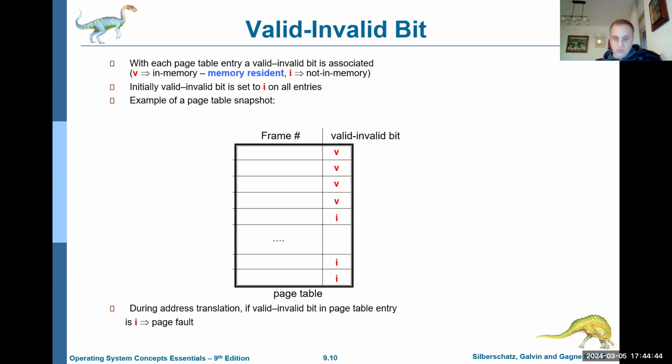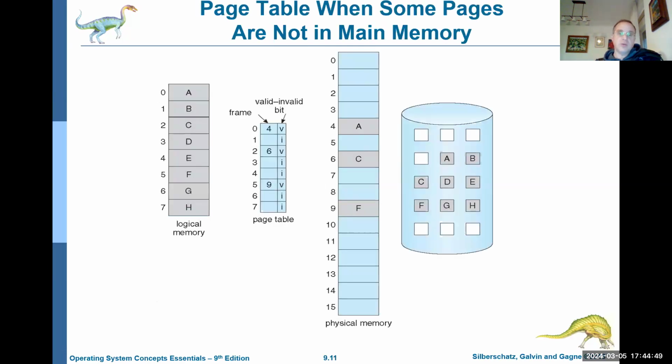Okay, so when a page is invalid, what we'll try to do is look for it on the disk and load it. So here we have back to our regular page table, and here are our pages, and notice that I have 8 pages here. By the way, in this example, which kind of page table did he use? He didn't use a page table that has any extra space.